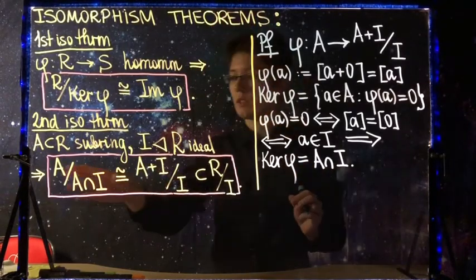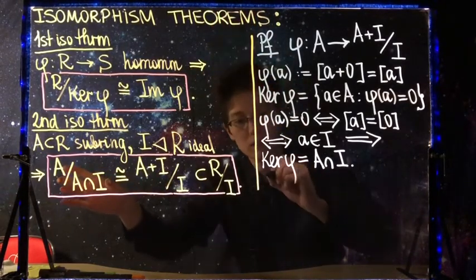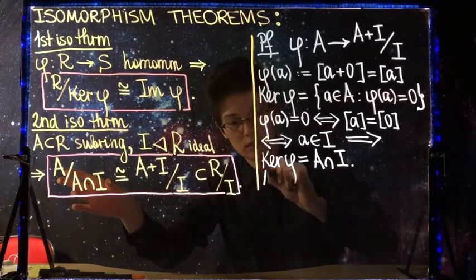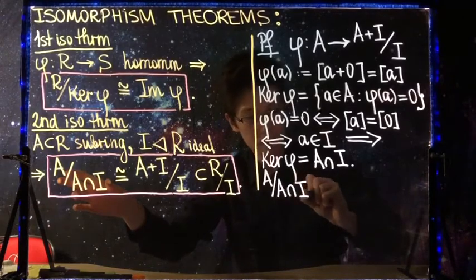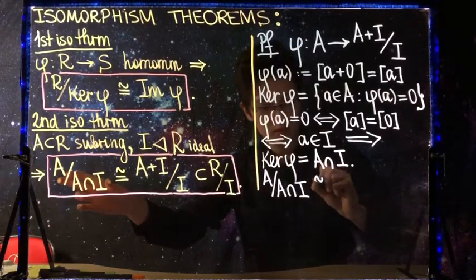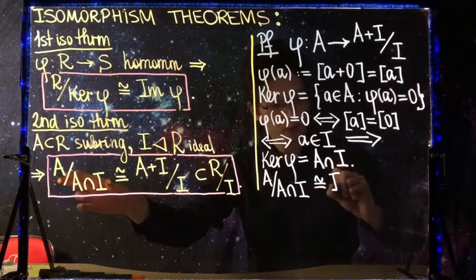And so we have that A mod A intersected with I is isomorphic to the image of phi.